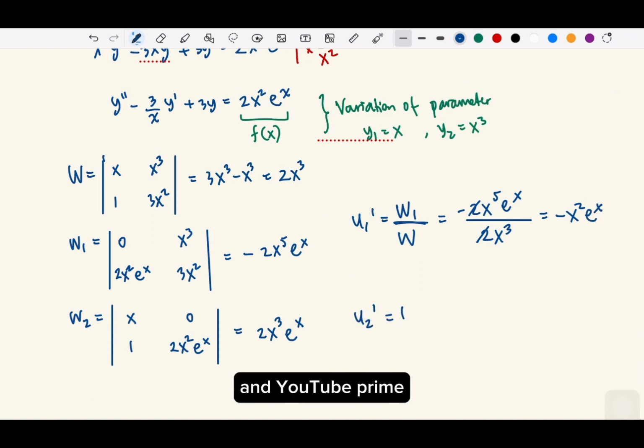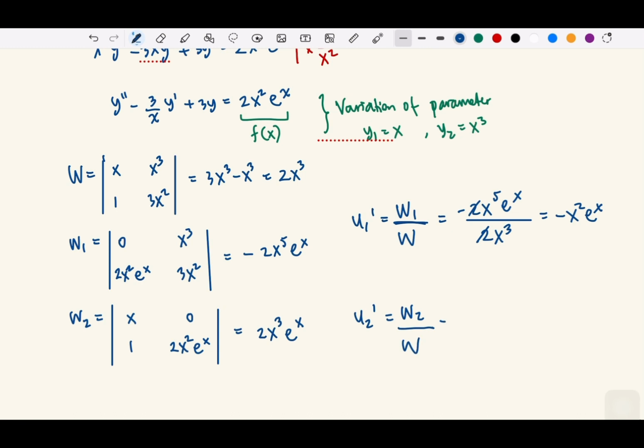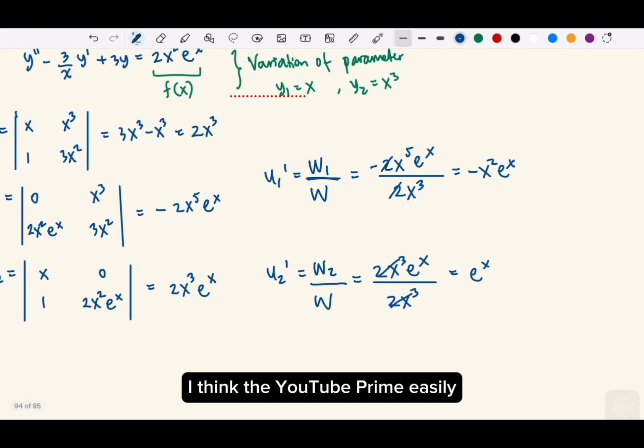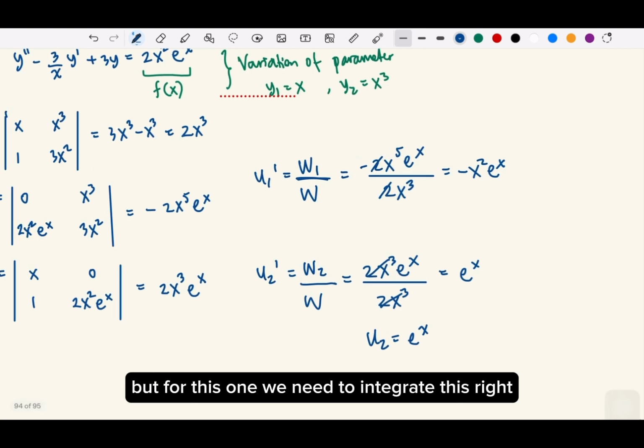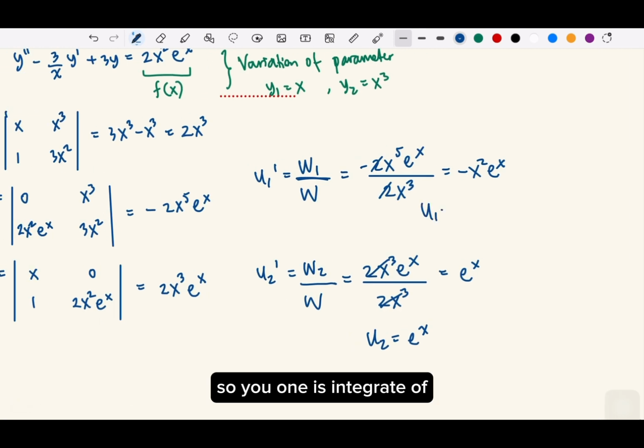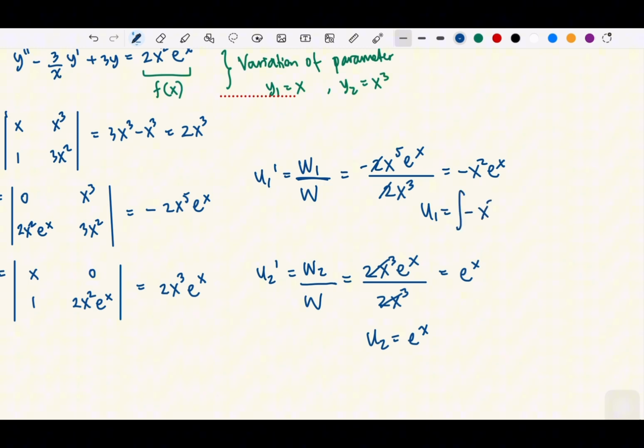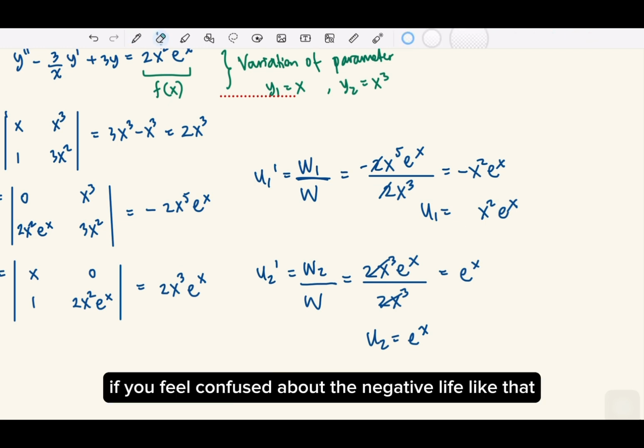And u2 prime is e to the x. For u2 prime, easily you can find u2 is e to the x. We can just integrate, but for u1 we need to integrate this, right? So u1 is the integral of this. If you feel confused about the negative, let me write it like that.